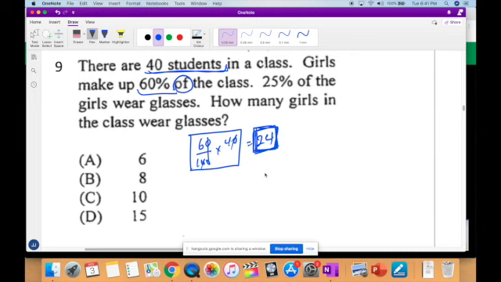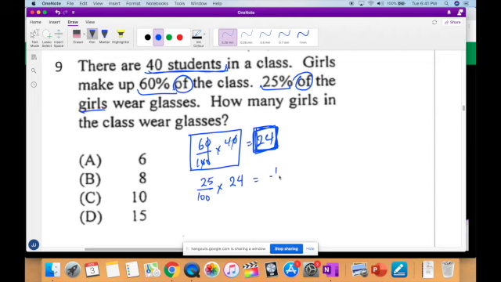You can think of 24 like a total. And now they're saying that 25% of girls wear glasses, so you had to come back again now with 25% of the total amount of girls.